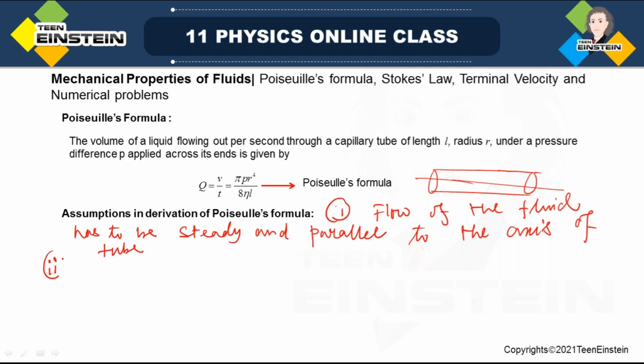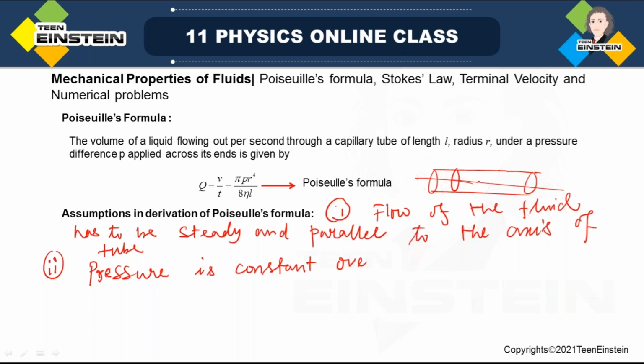First assumption. Second assumption, there are a few assumptions. We'll write all those. So the pressure is constant over any cross section of the tube. So pressure difference is there, but that pressure difference has to be constant over any cross section.